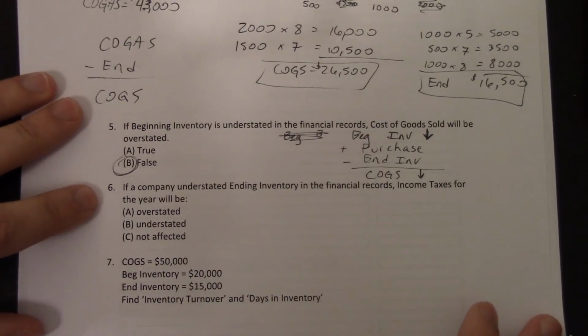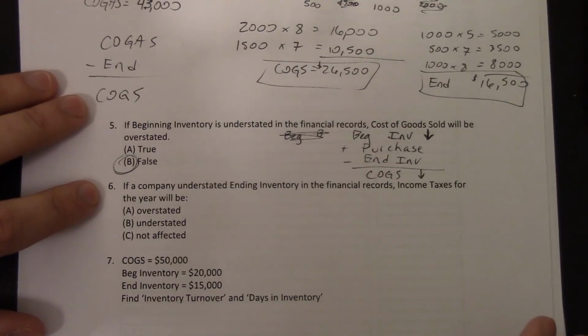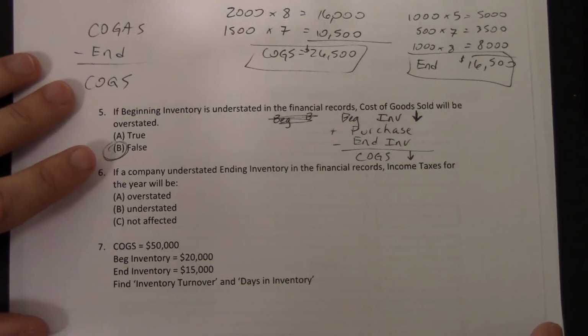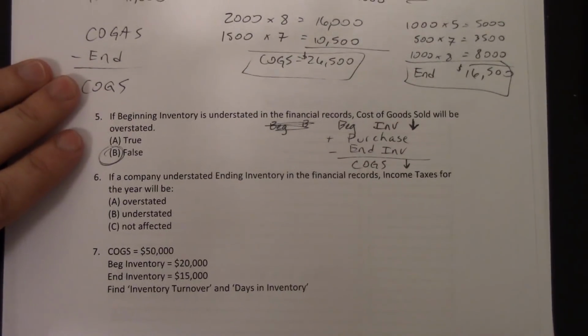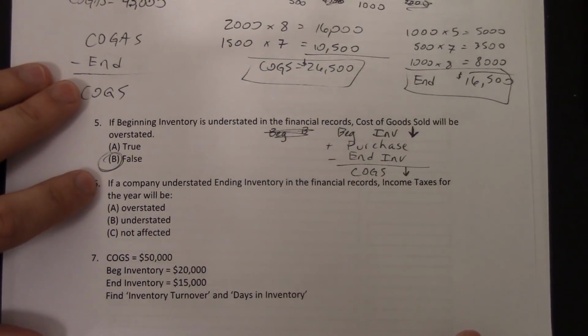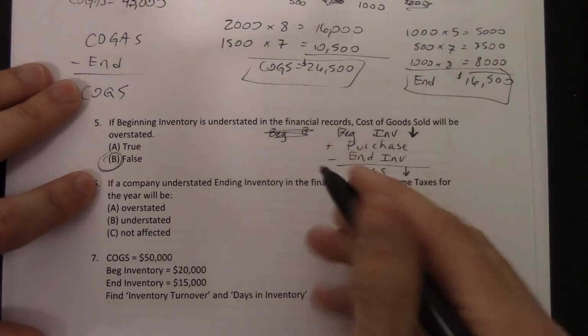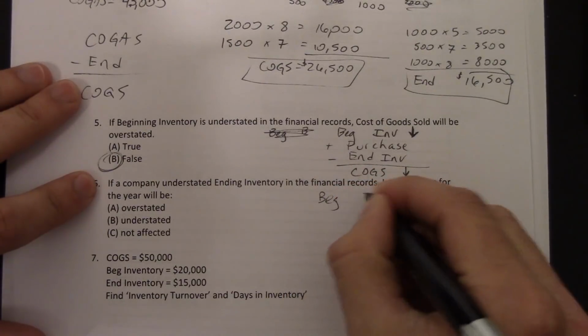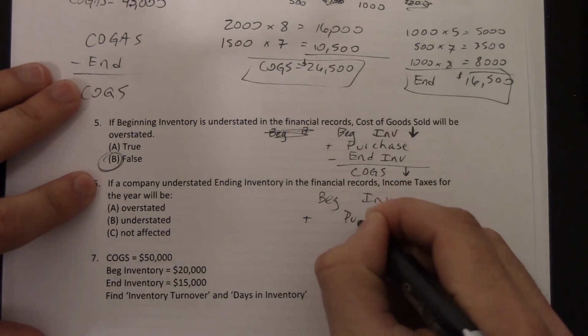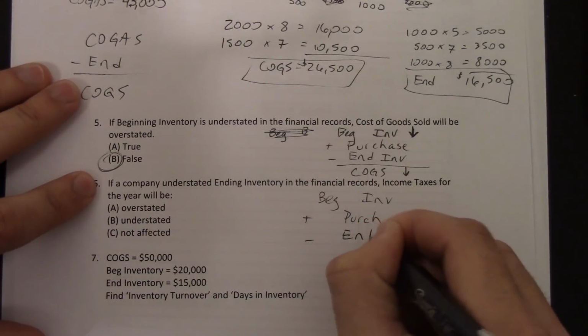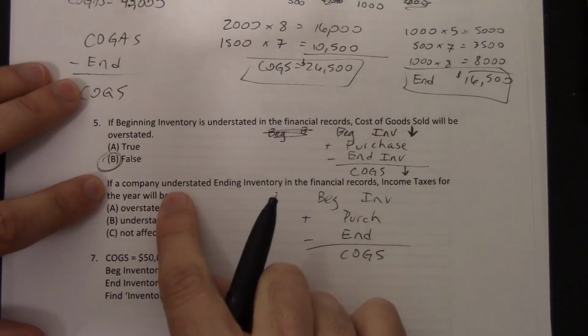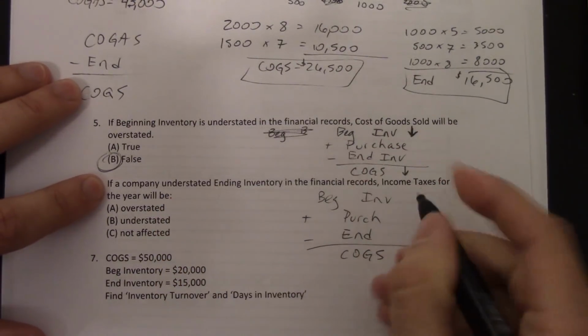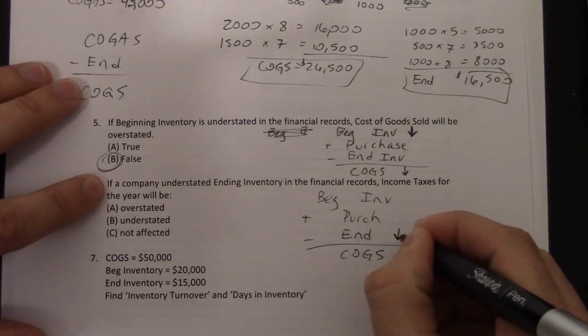Number 6, if a company understated ending inventory in the financial records, income taxes for the year will be what? Well, again, we can just remember this relationship. Beginning inventory plus purchases minus ending gives us cost of goods sold. Now it's saying ending inventory is understated.